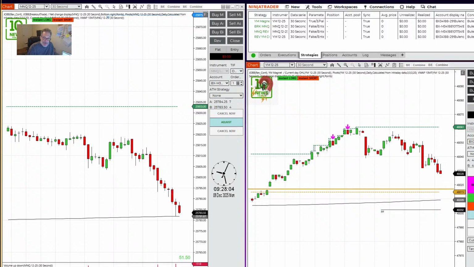Putting it on automatic. So if the YM goes down, it's going to automatically trade it. Look at the MNQ, it went all the way to the VWAP.